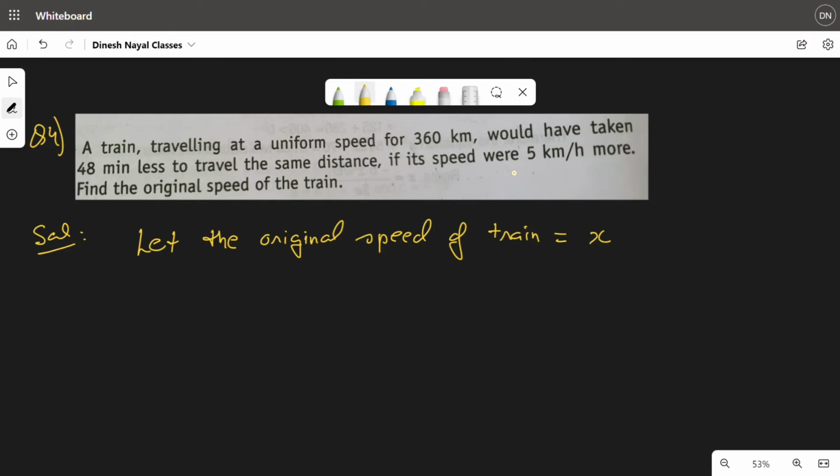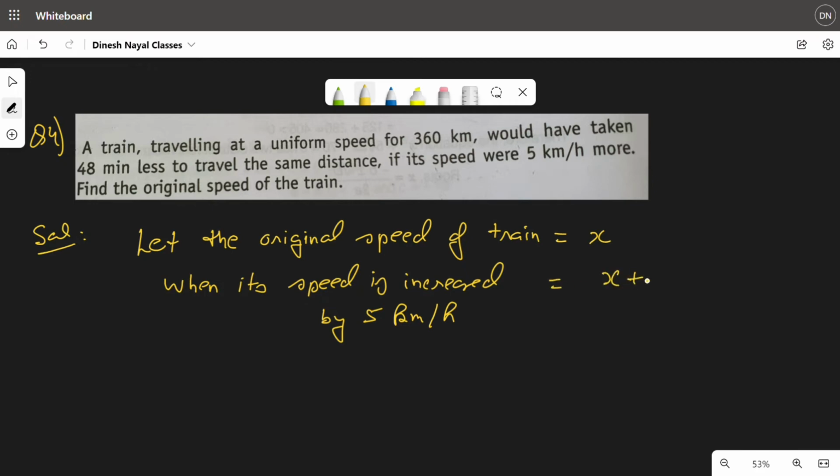Now see, when the speed is increased by 5 km per hour, then the new speed of the train will be x plus 5.